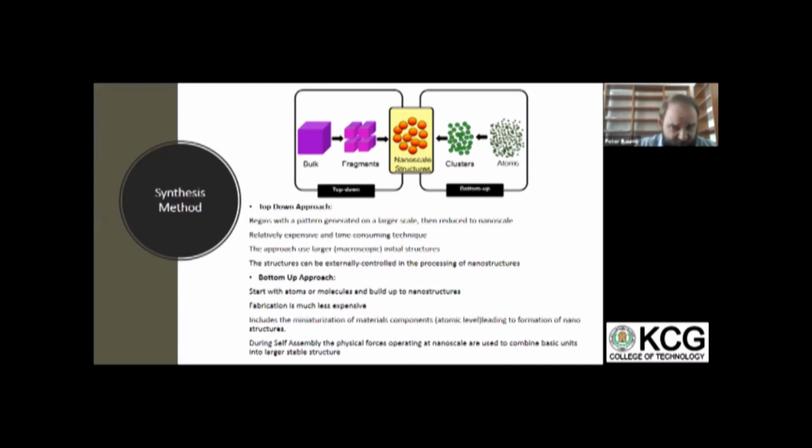The bottom-up technique means that we prepare the nanostructure atom by atom, and we build up the clusters and finally the nanostructure in this way.